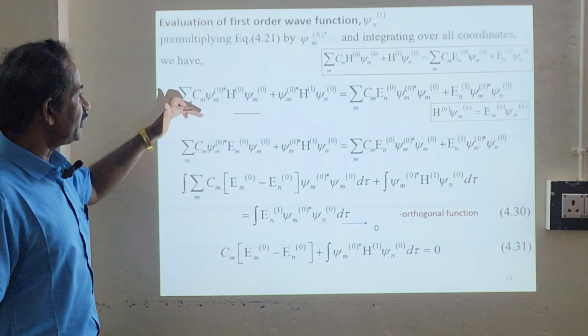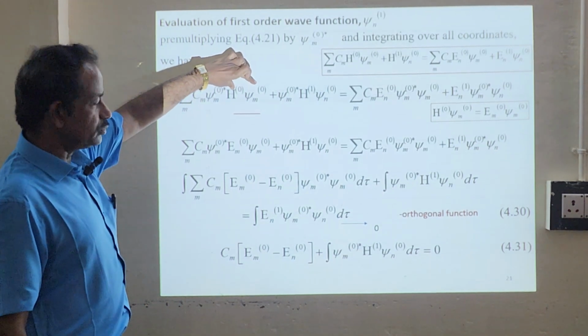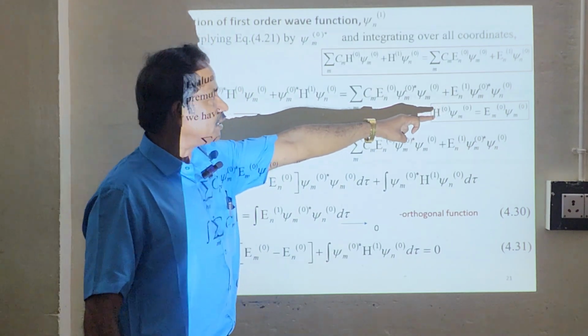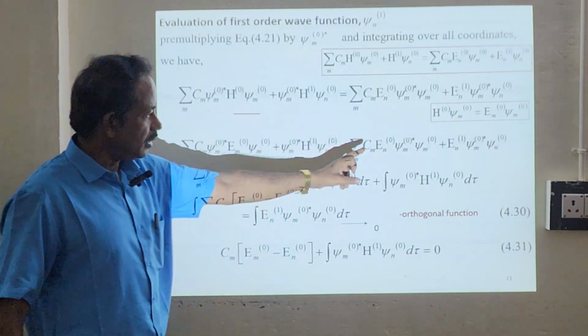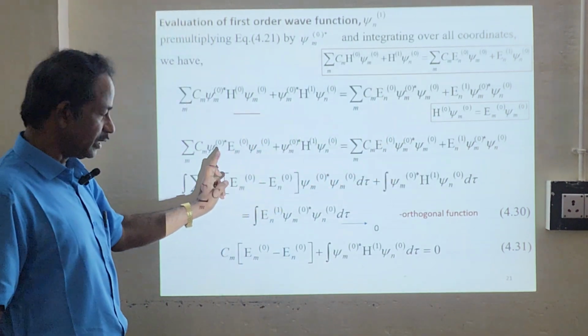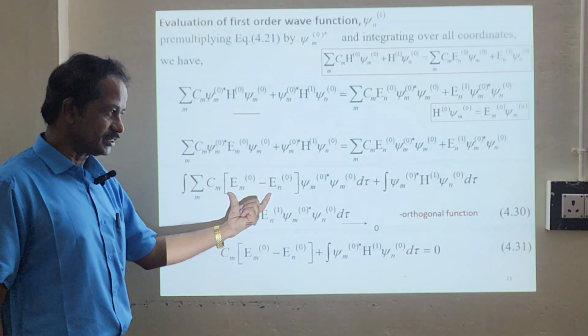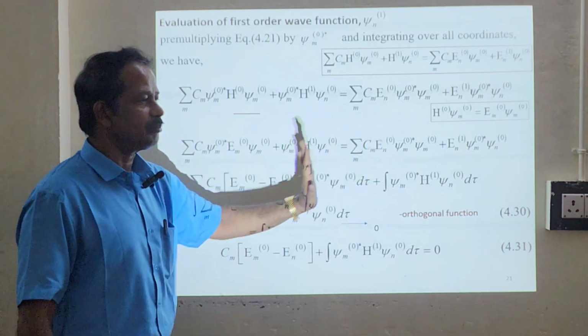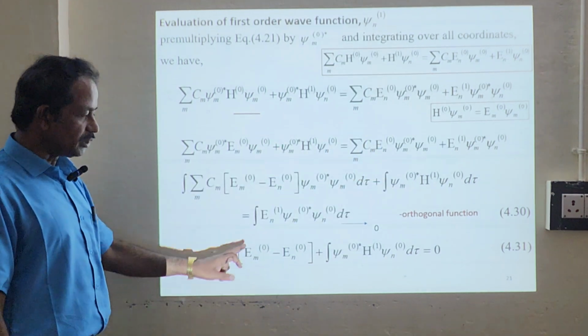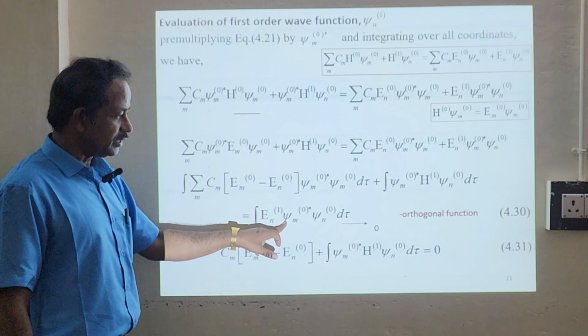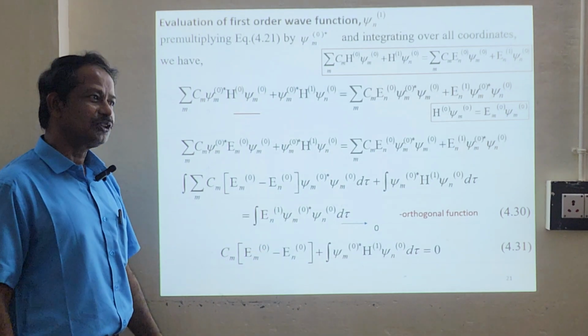Is it okay? I repeat. These two terms can be written in terms of the eigenvalue equation exactly like this, and you just bring this term to the left hand side, common terms out, that will give you this term. Remaining terms and all, let it be like this. What about this term on the right hand side? Here it is psi m psi n, so it must be 0.